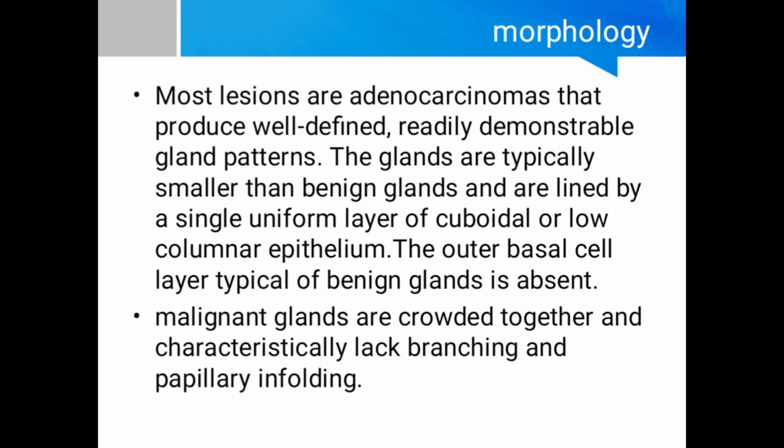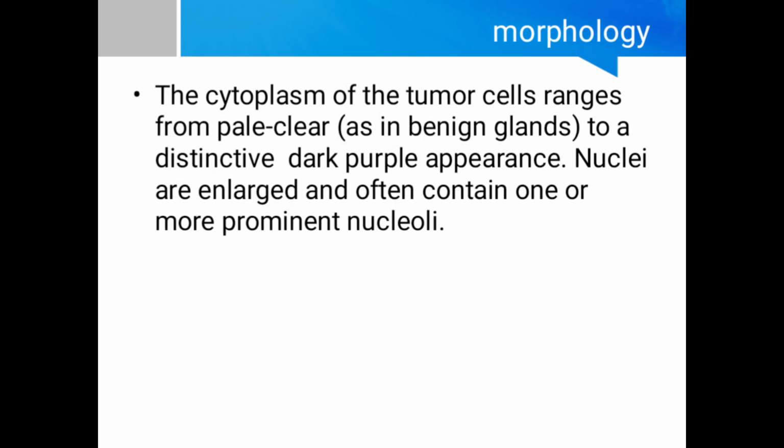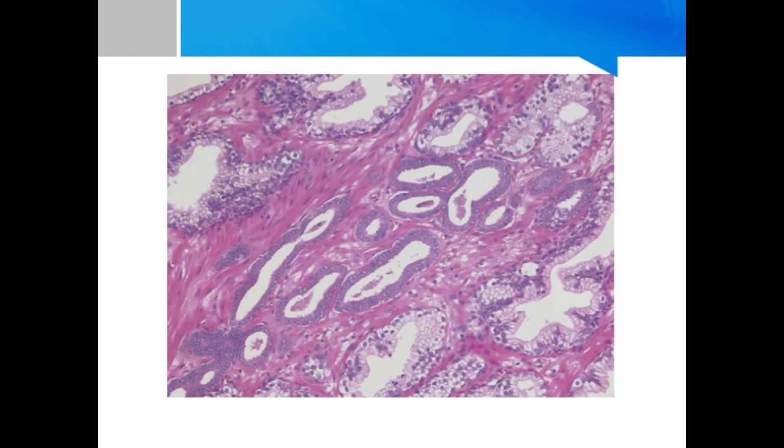Malignant glands are usually crowded together and characteristically lack the branching and papillary infolding seen in normal glands or in benign conditions. The cytoplasm of the tumor cells ranges from pale clear, as in benign glands, to a distinctive dark purple appearance. Nuclei will be large and often contain one or more prominent nucleoli.